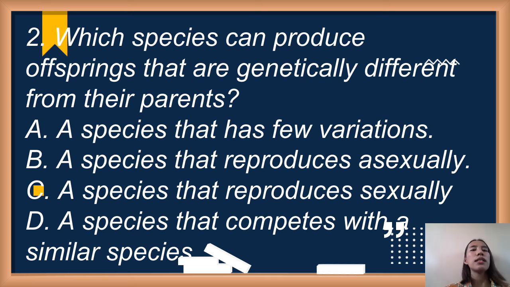D. A species that competes with a similar species. It is letter C. A species that reproduce sexually. Why? Because it is the only one that can produce offspring that are genetically different from the parent.